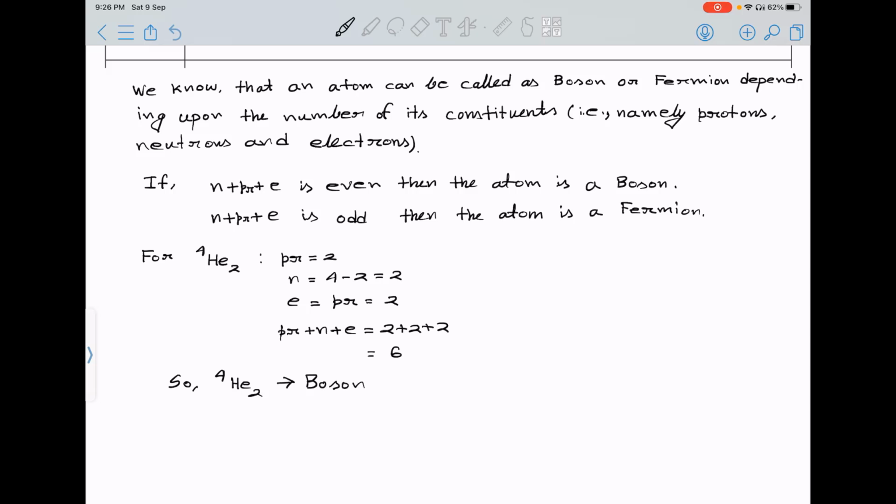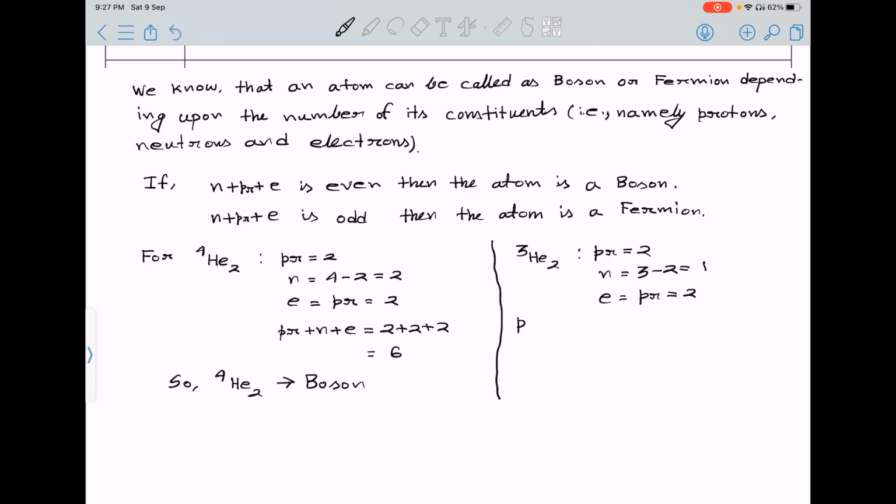For helium-3, proton number is still 2, but the neutron number is 3 minus 2, which is 1, and the number of electrons equals the number of protons, 2.